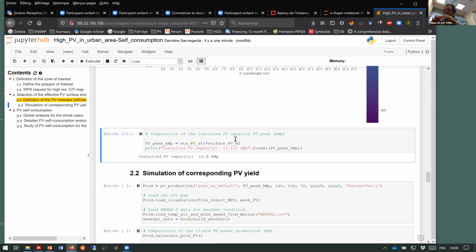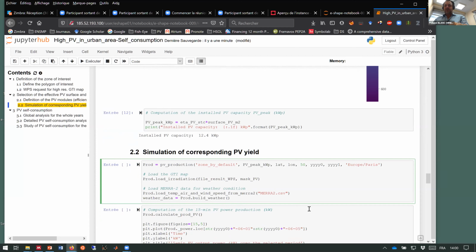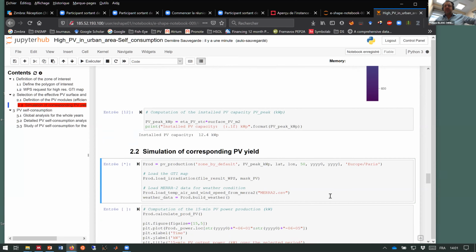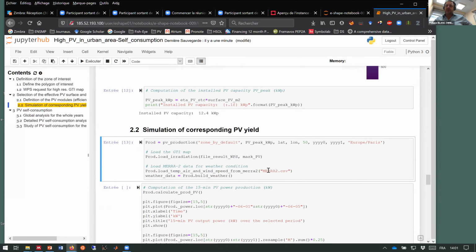I have selected a zone on which I want to install a certain type of PV system. And then I can do the simulation of PV production. For this simulation, I need the irradiation, and I need also temperature. And this temperature, in that case, is coming from MERA2.